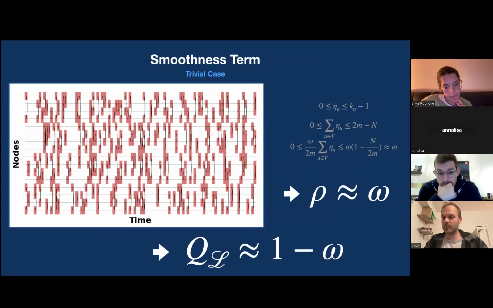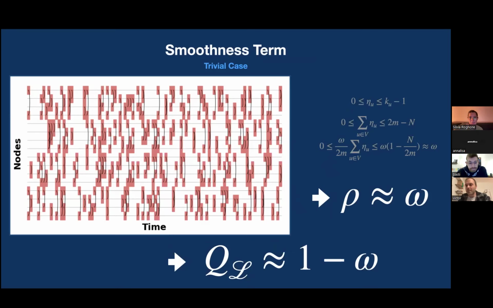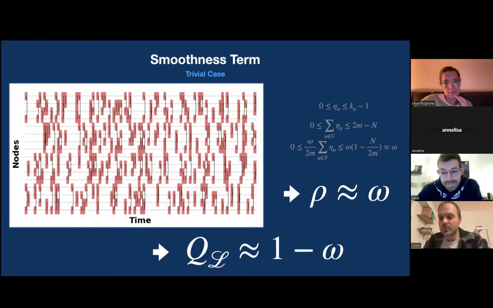Maybe last question. I don't know if you can hear me okay now. Anyway, my question is: now this modularity measure is a static measure.